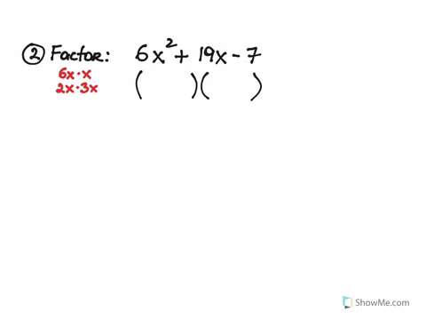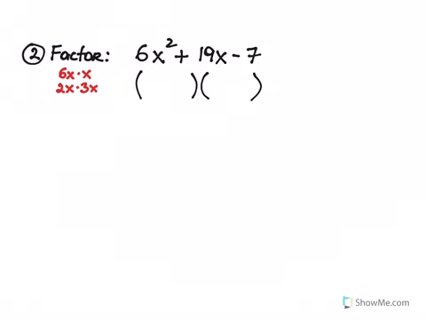I could choose to divide 6x squared into two factors as 6x times x or as 2x times 3x. Remember that this method is called trial and error because sometimes you try something that may not work. It is normal. Don't give up too soon.